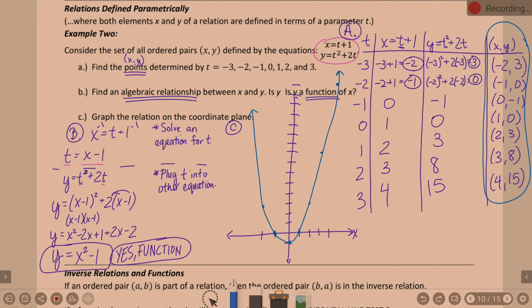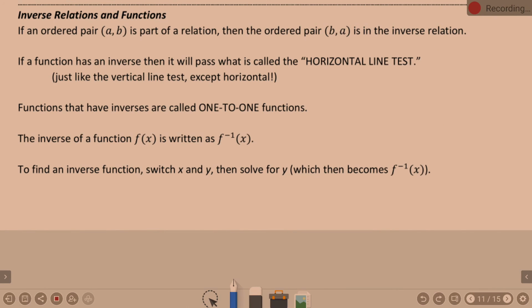Okay. Bottom of the page. A little information about inverses. We talked about inverses back in Algebra 2. What you remember is a whole other story, right? But we talked about them, I promise. Some of this will sound familiar. So, inverses. If an ordered pair (a, b) is part of a relation, then the ordered pair (b, a) is in the inverse relation.